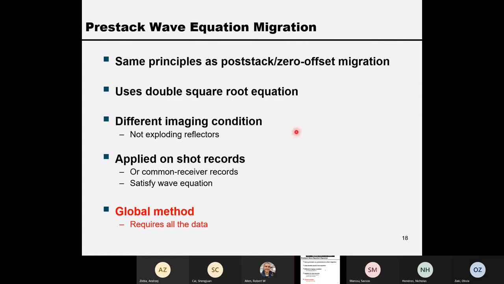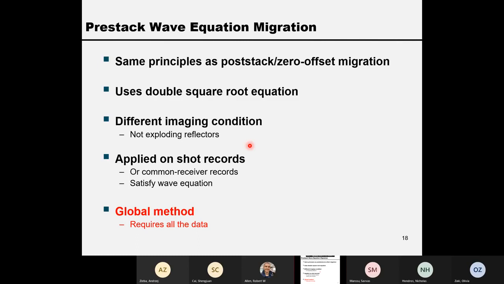So for the Prestack migration, I'll give you the bad news first. The final result is not true subsurface imaging. Why is that? Because we will do correlation. The imaging condition here will be the correlation. That is not true subsurface imaging.